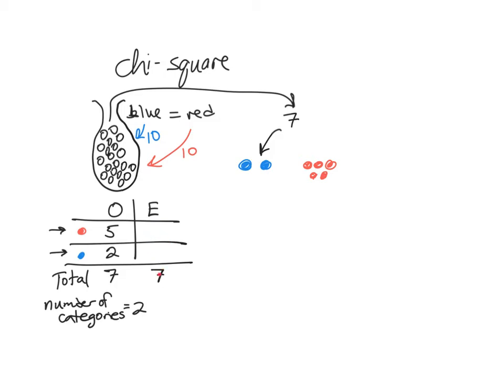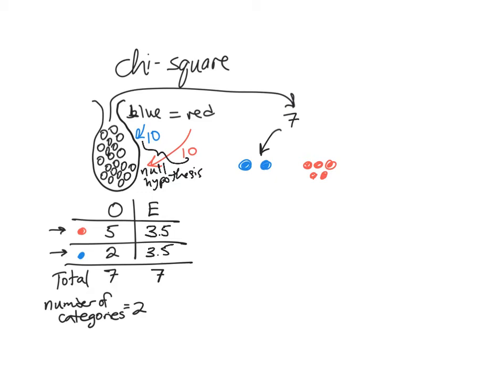So if we divide 7 equally, that's twice 3.5. So we should observe, if the person's claim is true, and this is the null hypothesis, that there are an equal number of balls, 10 and 10, that sets our null hypothesis, or our expectation.